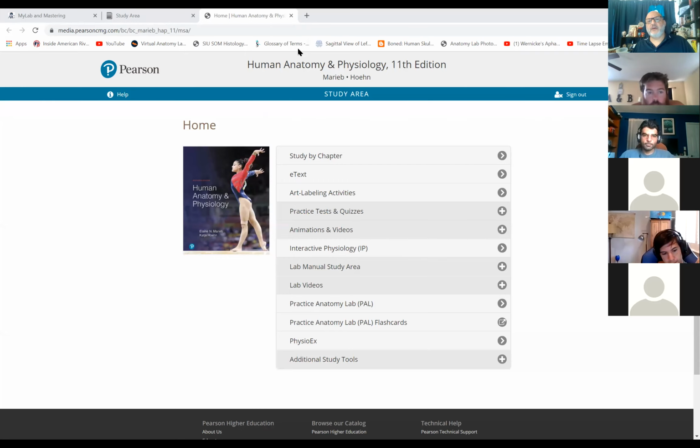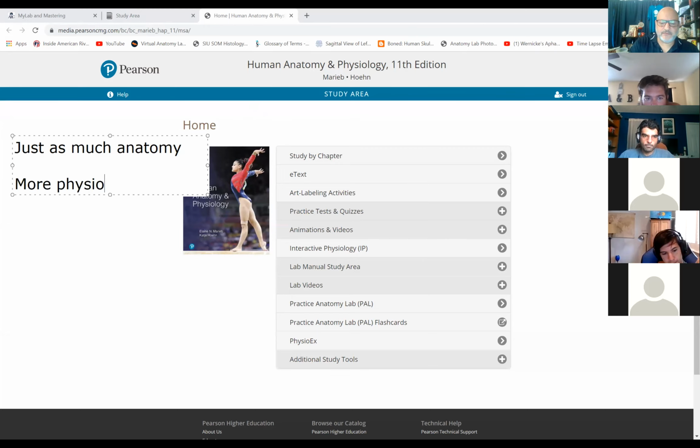One of the things I want to emphasize for this section is there is just as much anatomy as there was for the skeletal system, but there's more physiology. There's a lot of material you're responsible for. So I strongly encourage you to take advantage of the resources that are available for you.